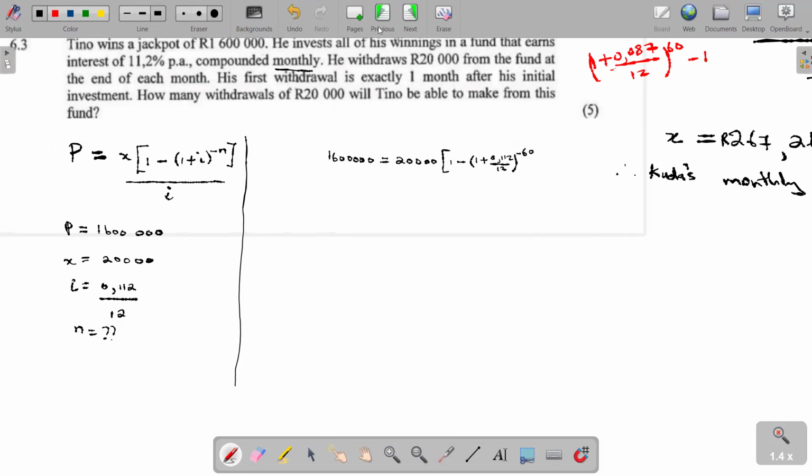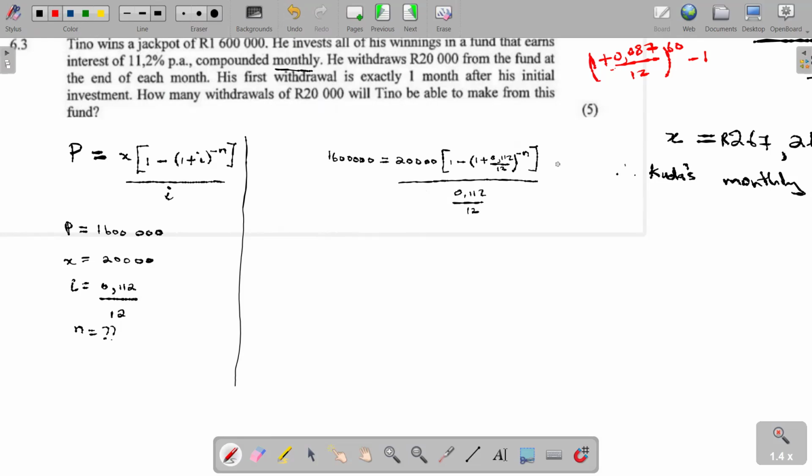Sorry, we do not know n. Over i, which is 0.112 divided by 12. Then from there we are solving.